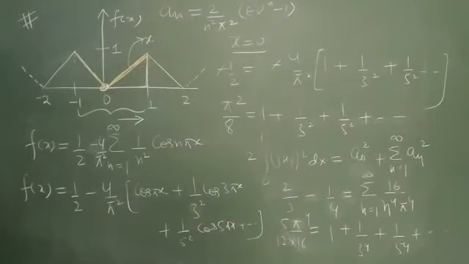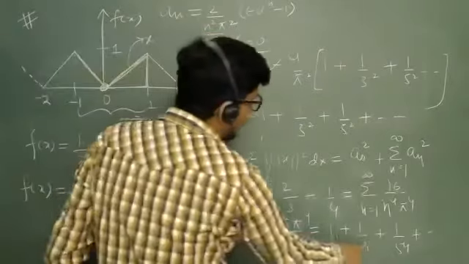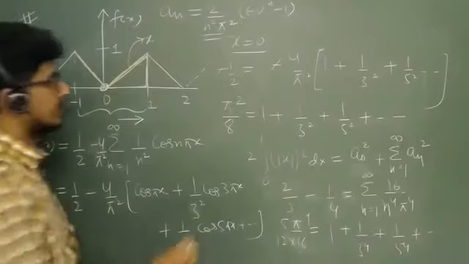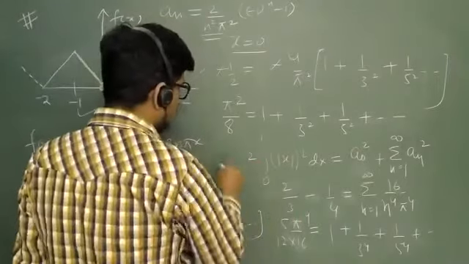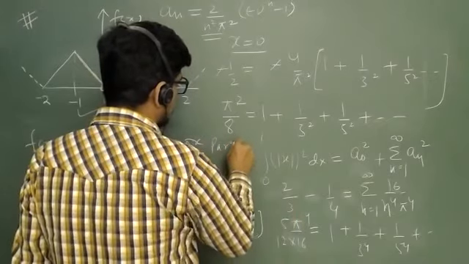Are you getting it? So whenever there is a square here and you are seeing power 4 here, that means Parseval's has come into the picture. So this is your Parseval's. Any doubt, please feel free to ask.